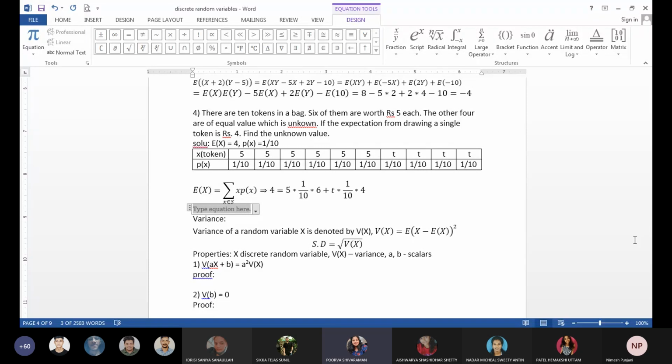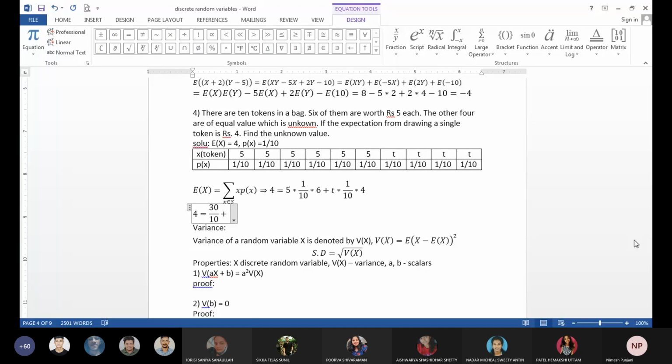Yes, sir. So now what we have to do, we have got an equation in one variable. So we have to solve it and find the value of t. That's it. So we will get 5 equals 30 divided by 10 plus 40 divided by 10, right?